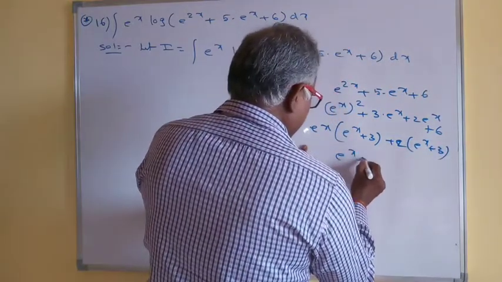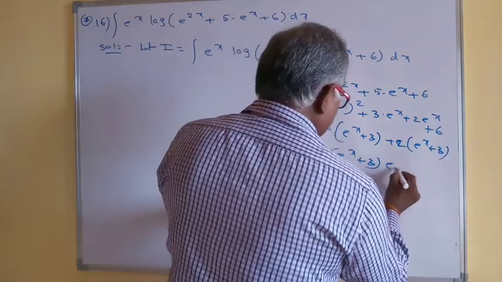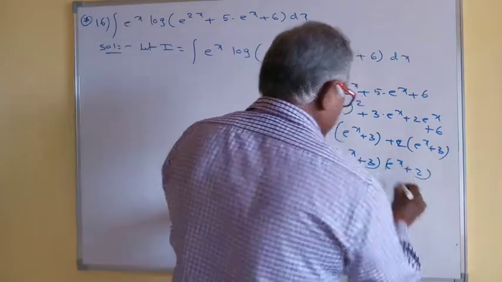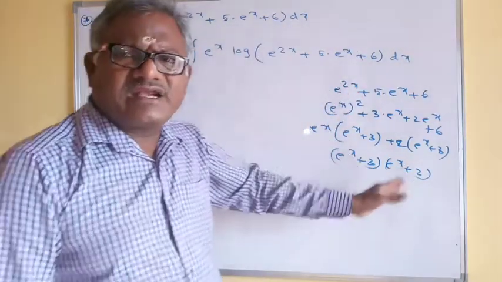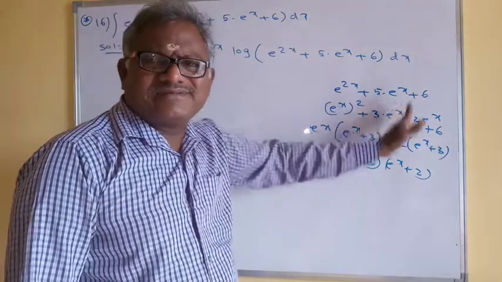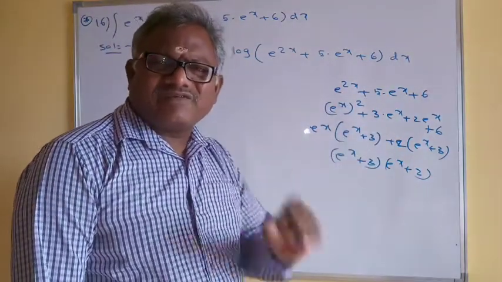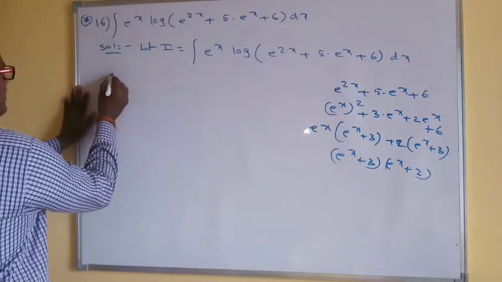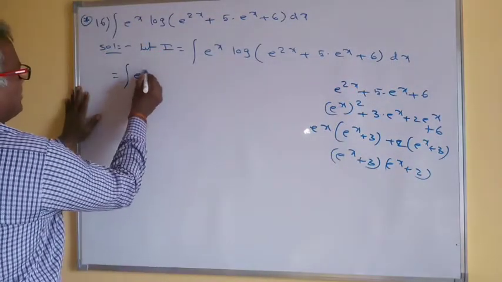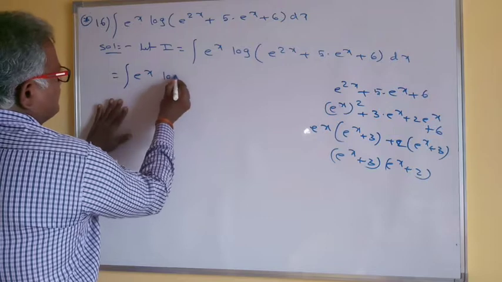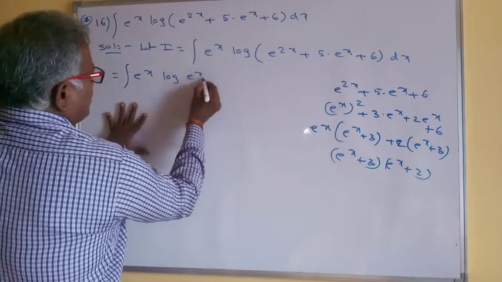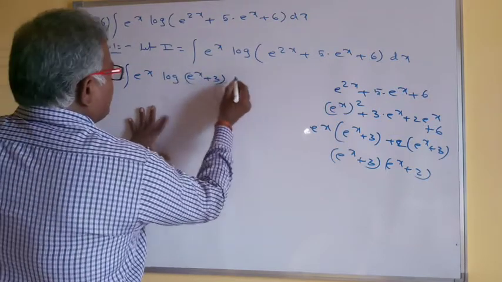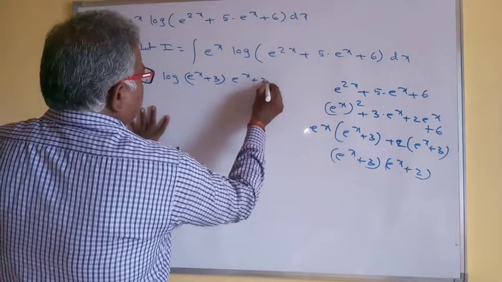Finally (e power x plus 3) into (e power x plus 2). If you know the factors directly, you can mention them without writing this. So I equals the integral of e power x into log of (e power x plus 3) into (e power x plus 2) dx.